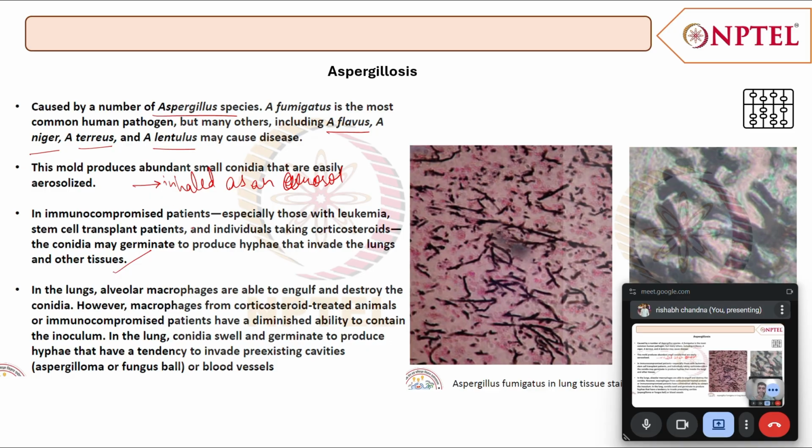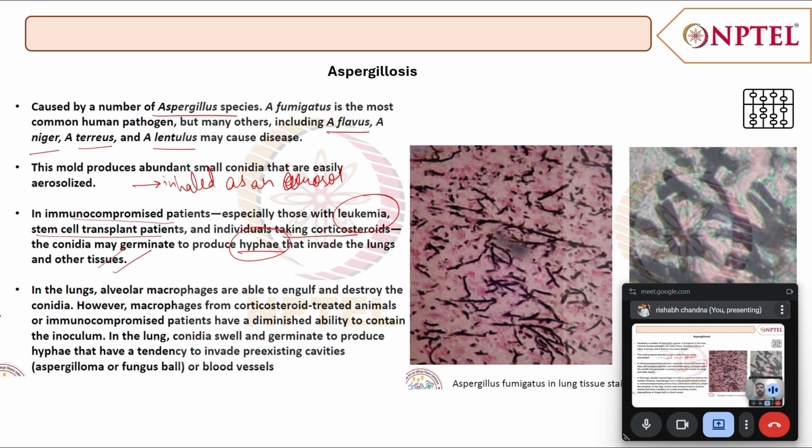So these are majorly infecting patients that are immunocompromised, or those who have leukemia, stem cell transplant, and individuals taking corticosteroids. The conidia germinate to produce hyphae that invade the lungs and other tissues. In the lungs, the alveolar macrophages are able to engulf and destroy the conidia.